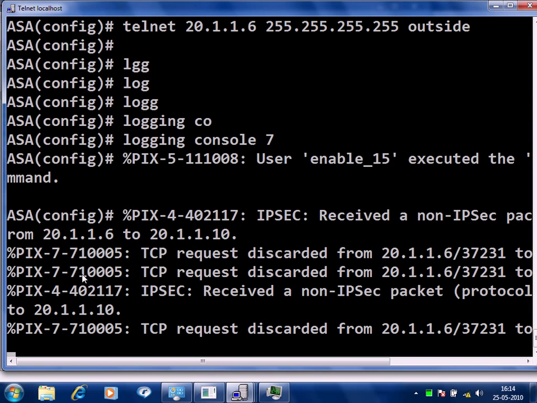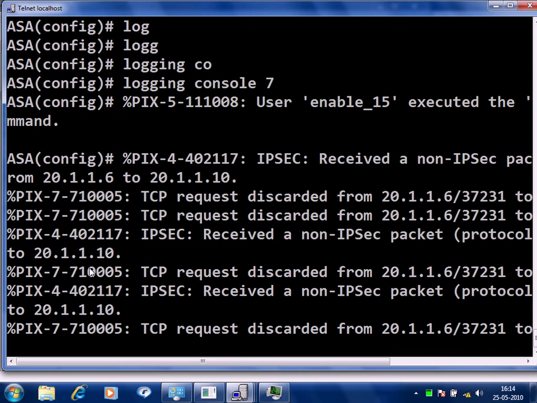Denying means it will be passed, but the access list cannot permit it. For discarding, it will be dropped. Discarded means it's my internal nature. I cannot accept that thing at all. That's my nature. Denying means something is configured on my particular interface or in myself that is denying this traffic.